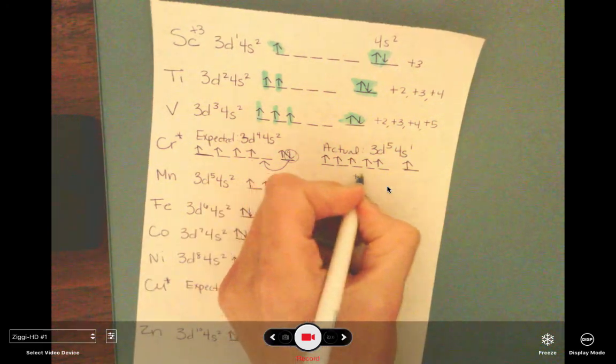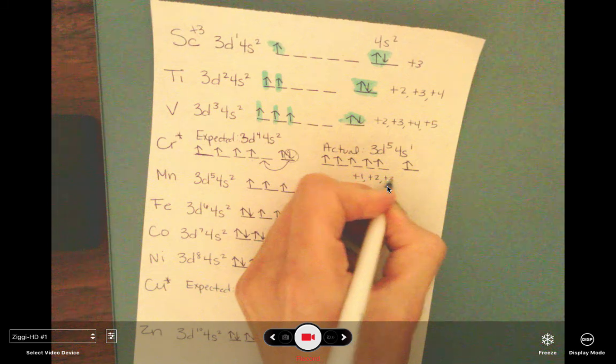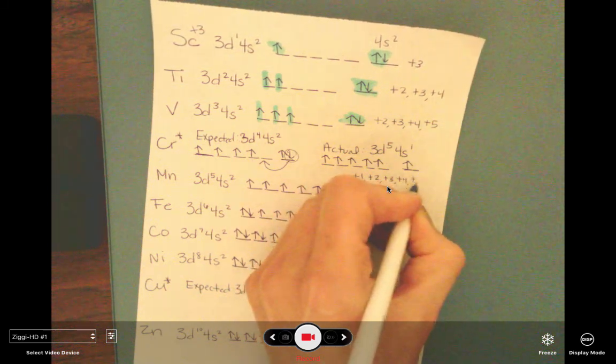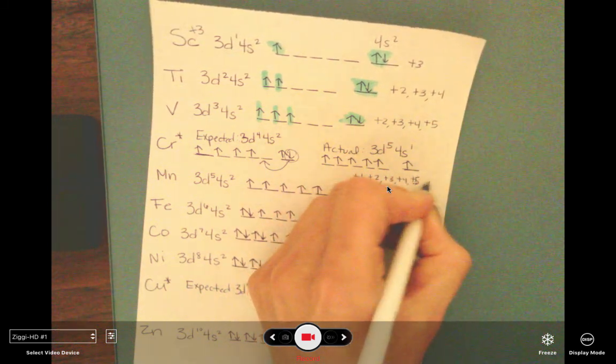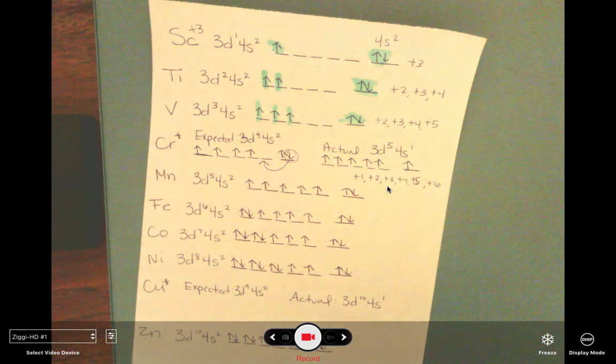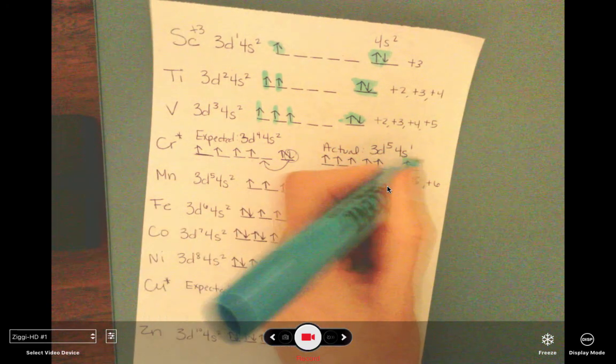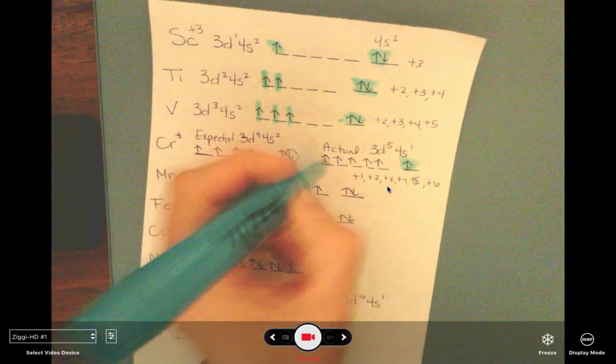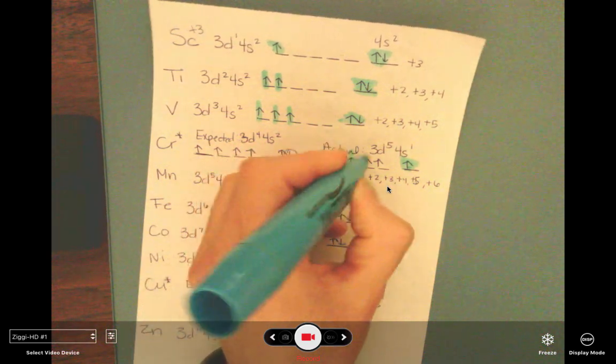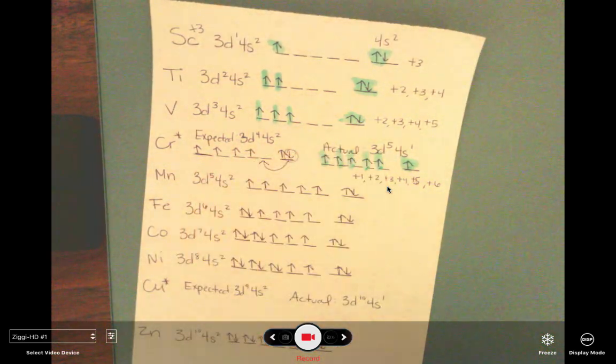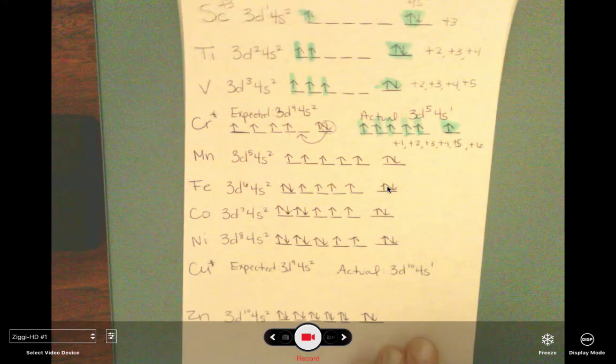It can take on a +1, +2, +3, +4, +5, and +6. To take on the +1 charge, it's going to pull that 4s valence electron, then +2, +3, +4, +5, and +6. So lots of charges on that one.